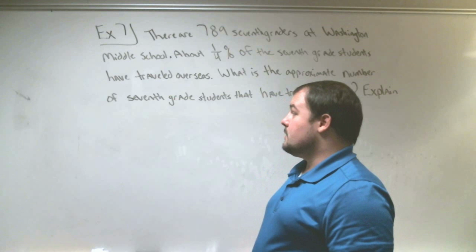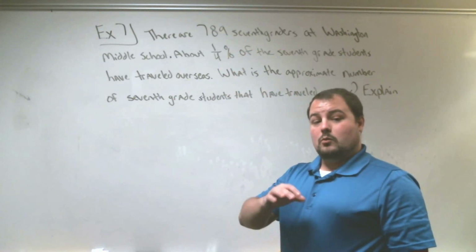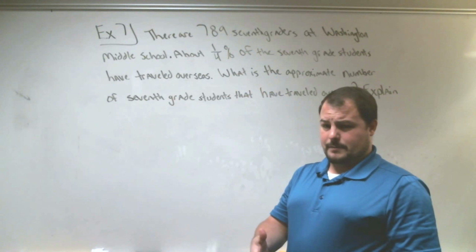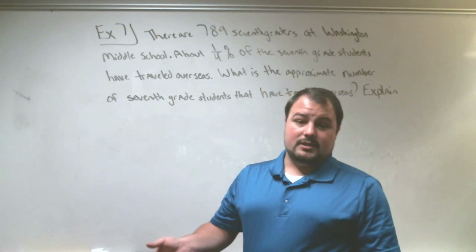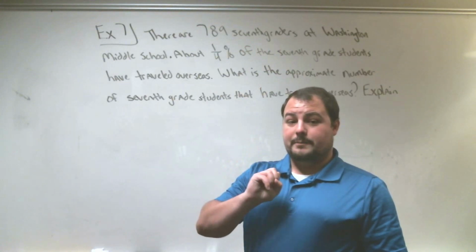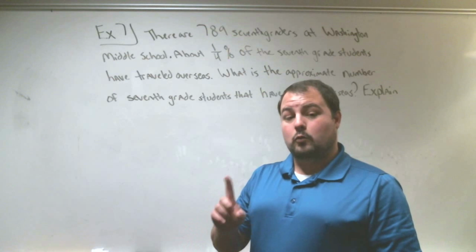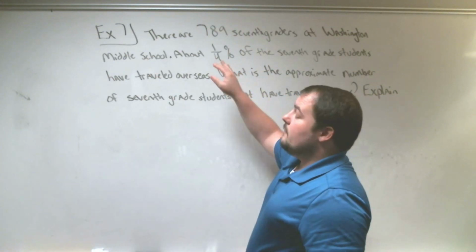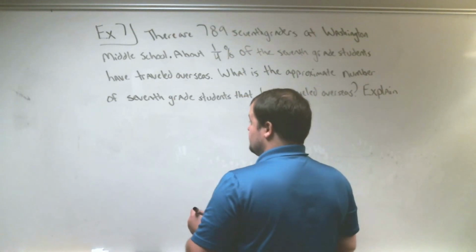Now, look at the percent they give us. They give us 1/4%. Well, 1/4% of what number? 1/4% means 1/4 of 1%. It's not even a whole percentage. 1/4 is a fraction of one whole. So 1/4% is 1/4 of 1%.